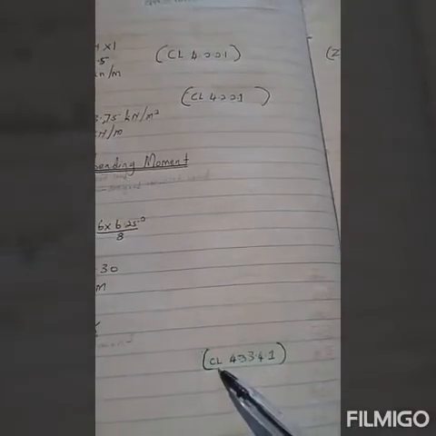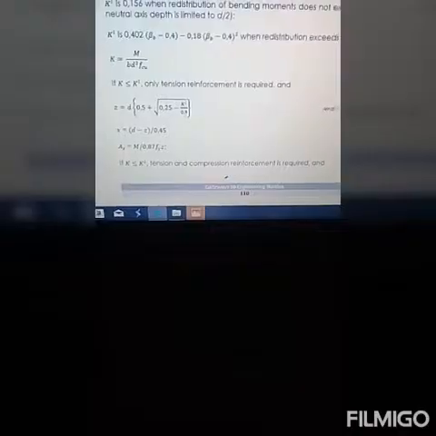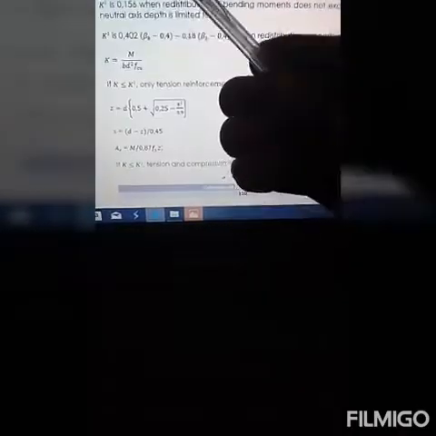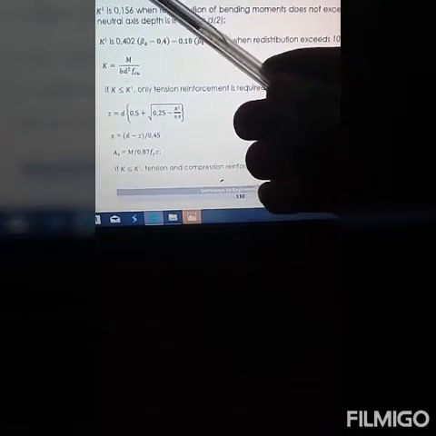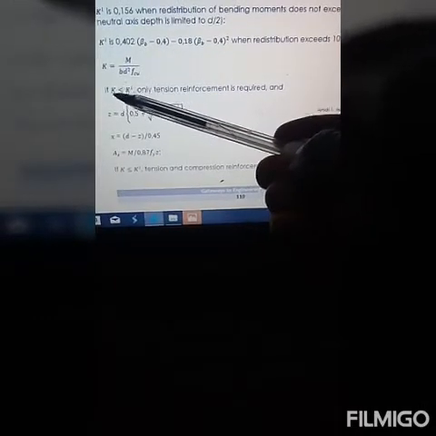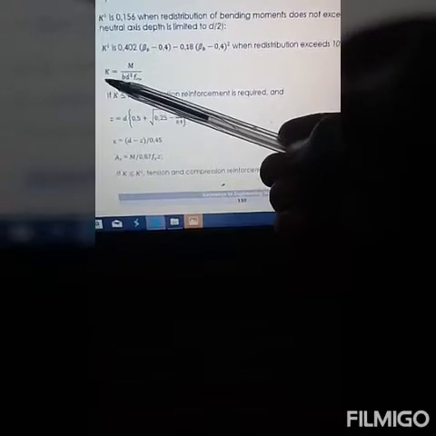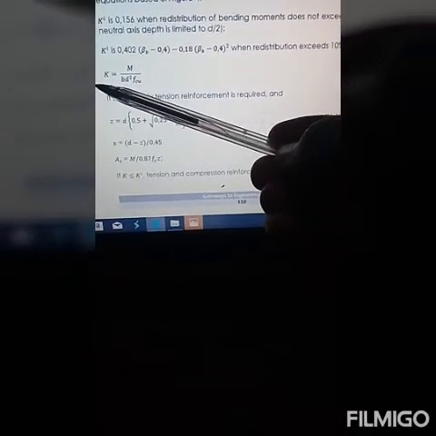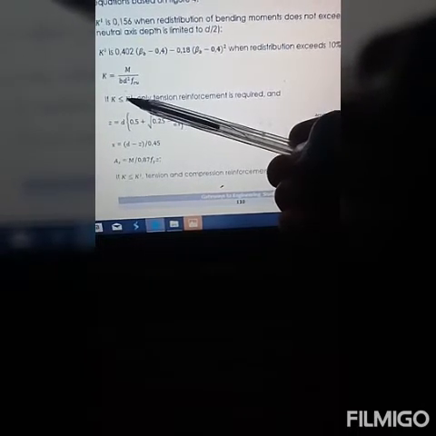Then take note, from clause 4.3.3.4.1, if K, the one that we're calculating, the answer is 0.045, and this one is 0.156.